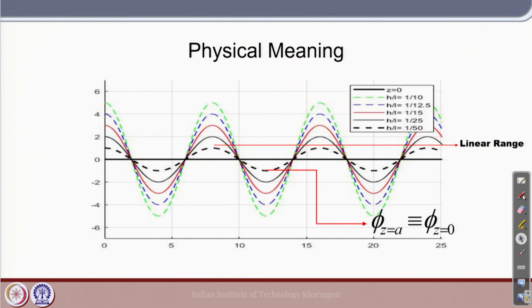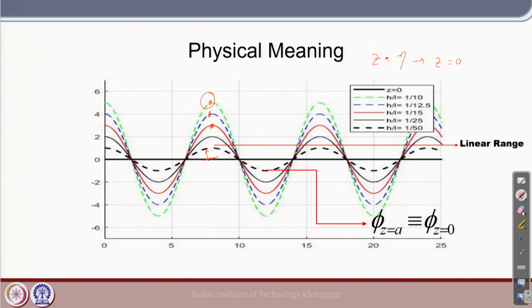We cannot make this assumption if I take these steeper waves. We cannot say that what is happening here is the same as what is happening here; that is not possible. However, in the case of a linear range, we can say that what is happening here is the same as what is happening here, and that is why we change from z equal to eta to z equal to 0.